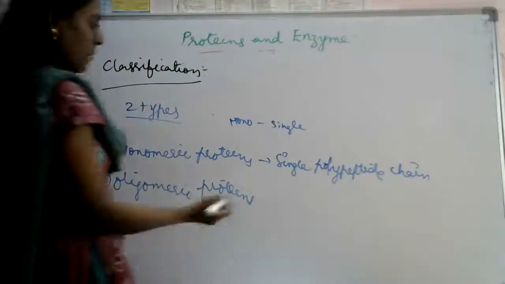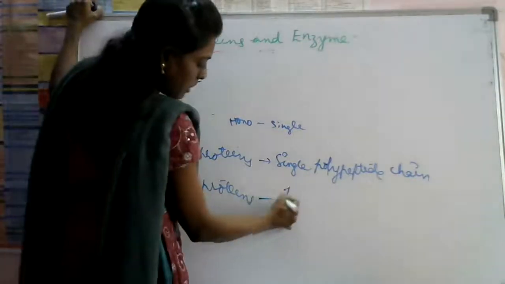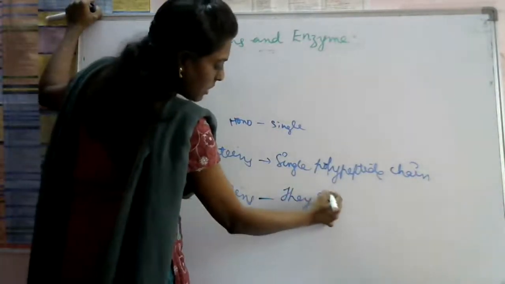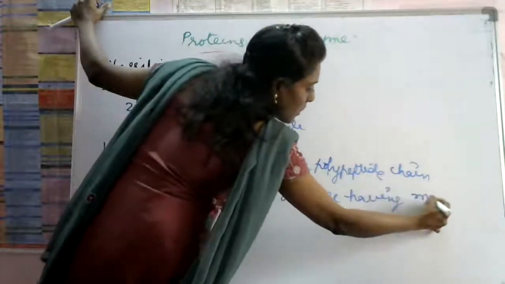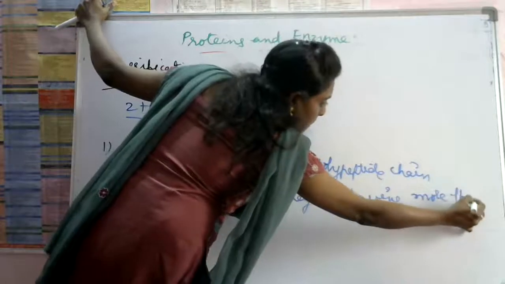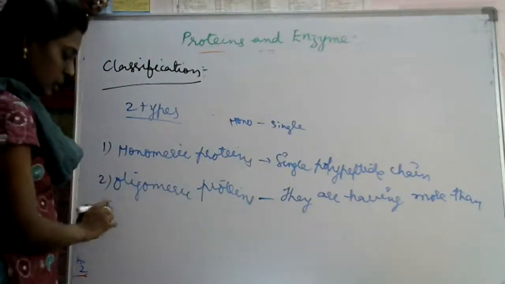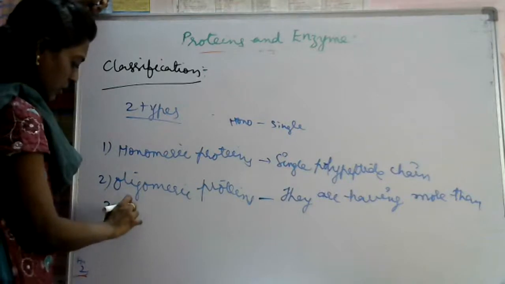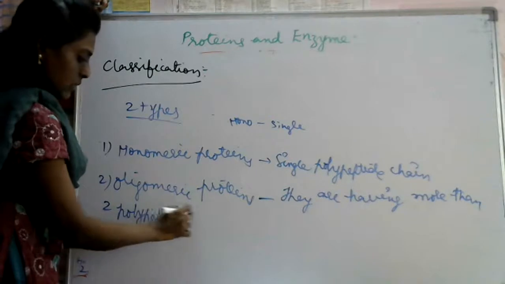Oligomeric means they are having more than two polypeptide chains.